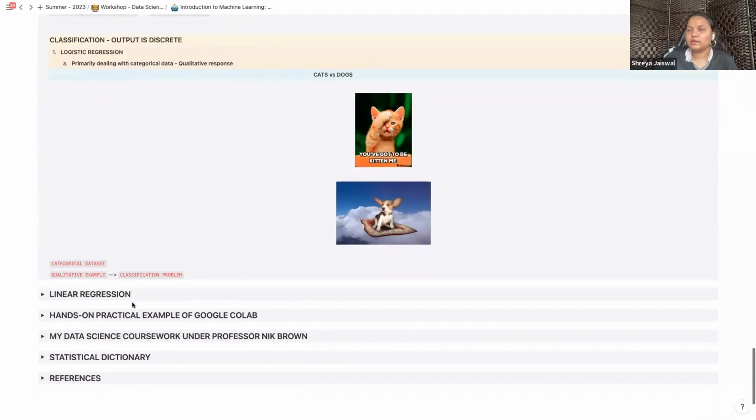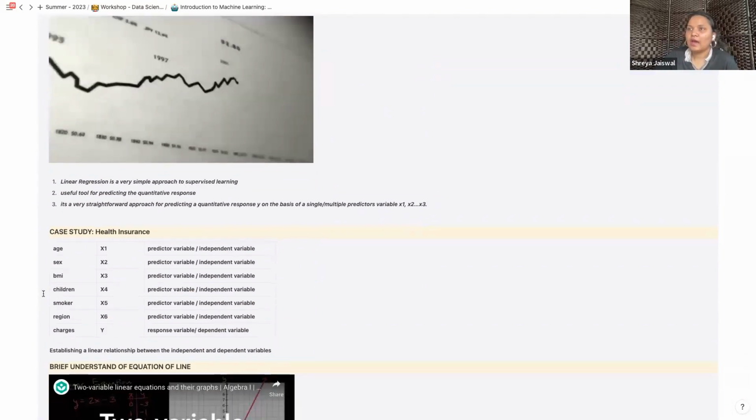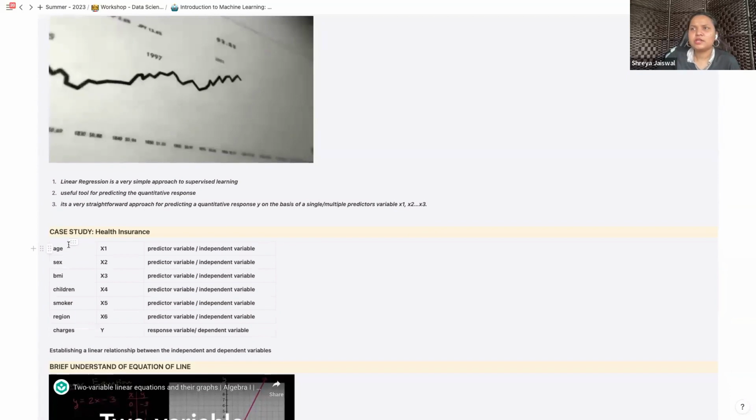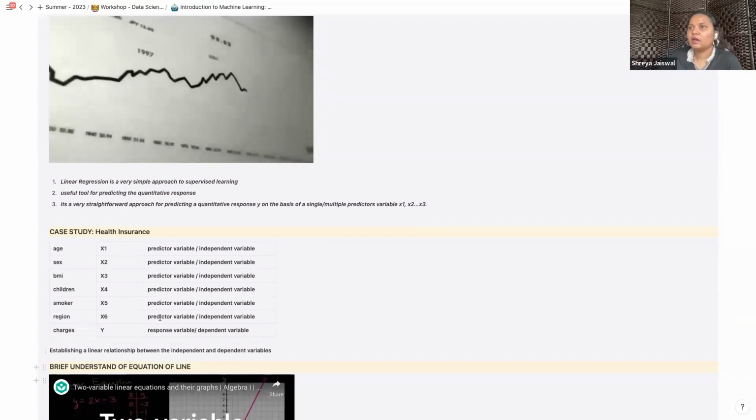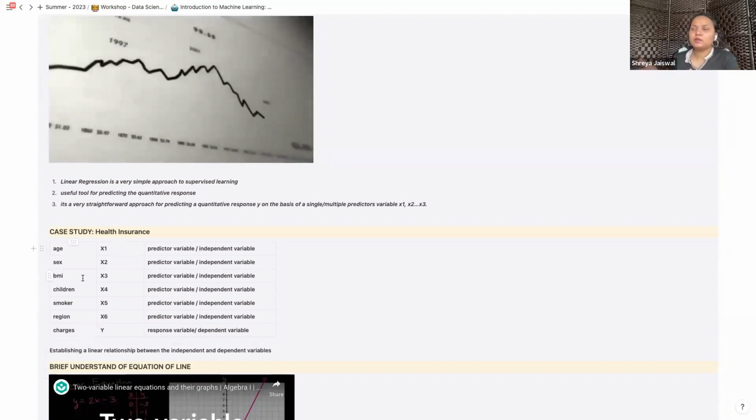Okay, so let's move on to the linear regression part. As I said, this particular data set has just 7 columns, right? And I deliberately took this kind of data set so that we could understand how columns deal with predicting the response that we are looking for.